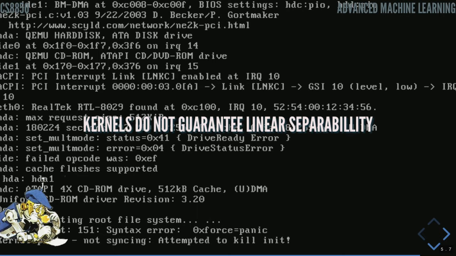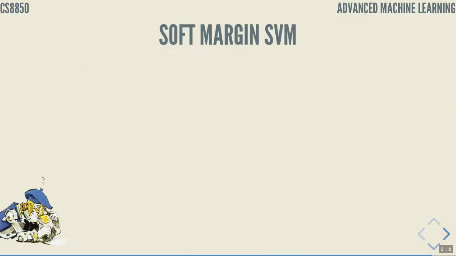Or we even cheated: we went to a cluster of supercomputers and ran a hyperparameter search, sifting through all possible kernels, and still didn't find one that would separate the data and return a sparse solution where only a few supports remain. What to do? Well, so far we talked about something called hard margin SVM. Let's talk about soft margin SVM.